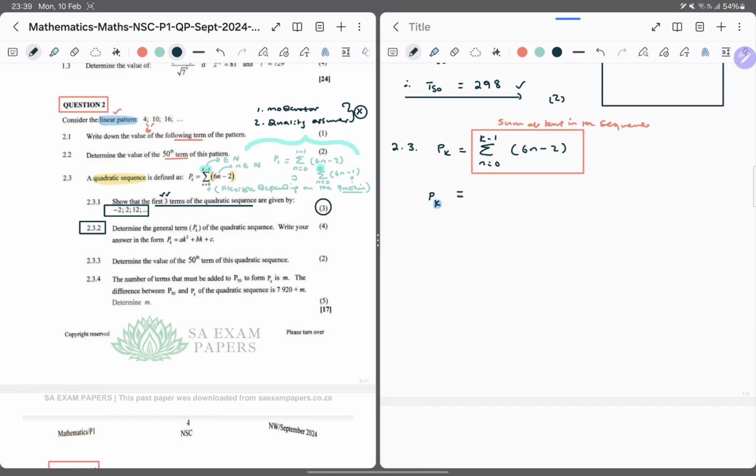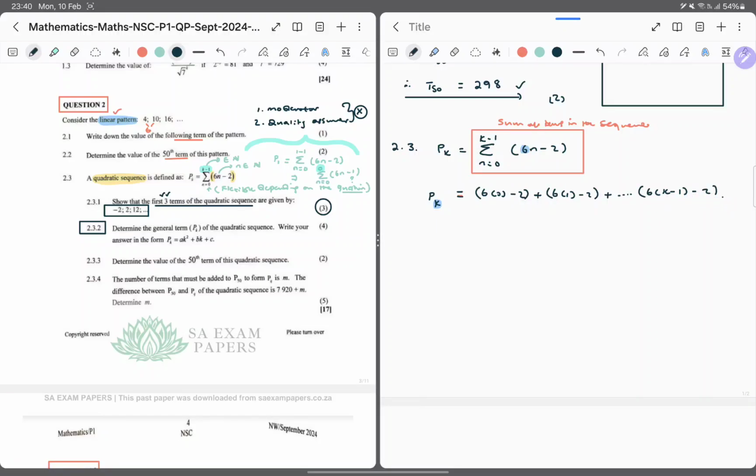You get it? So this is essentially 6 into 0 minus 2 plus 6 into 1 minus 2, then plus, we usually need 3 terms, but I know that the common difference is going to be the coefficient there, so sometimes I don't even need many terms. And then this goes on until we've got 6 into k minus 1 minus 2.